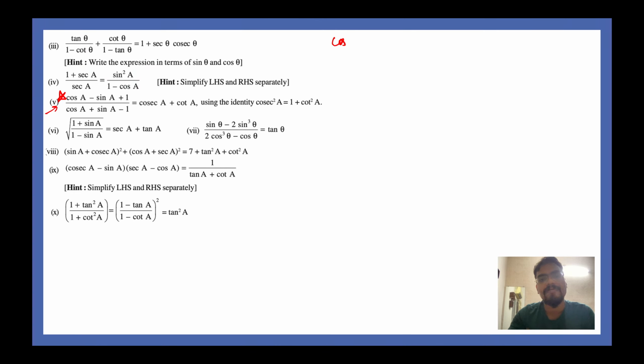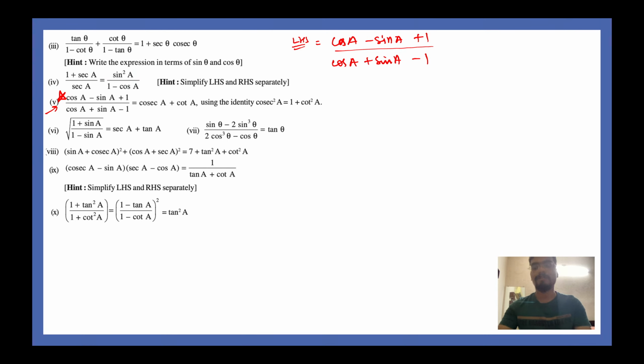So on the left hand side, we have LHS is equal to (cos a minus sin a plus 1) divided by (cos a plus sin a minus 1). I hope we have Sandeep along with us, our very smart and intelligent and most extraordinary student.